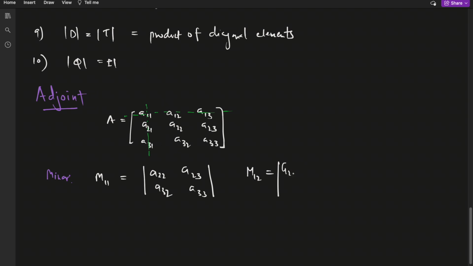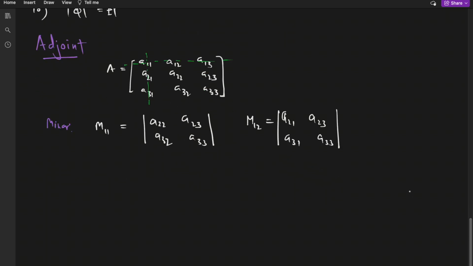You will be left with A21, A23, A31, A33. Similarly, you will calculate all the minors. There will be a total of 9 minors, because the number of minors is the number of entries in the matrix.